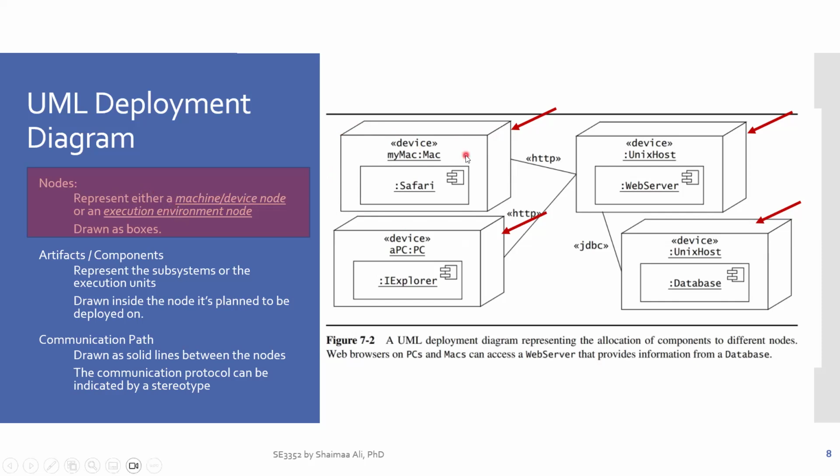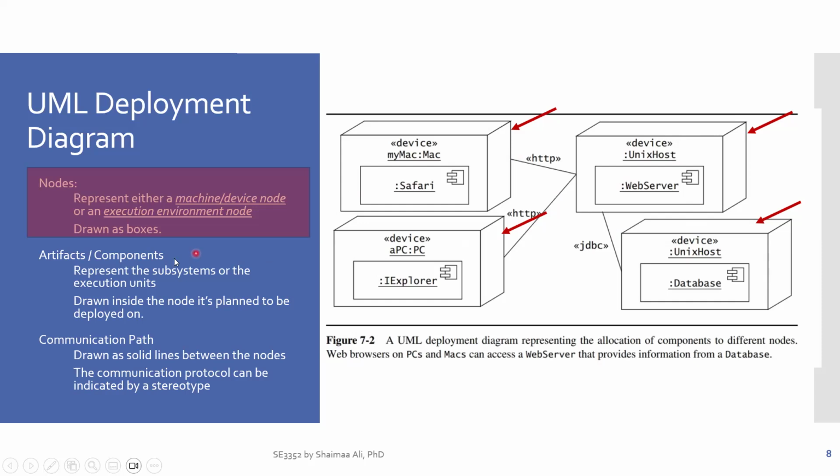So here we have four boxes indicating four machines. One of them running Mac, another running PC. This one is running Unix, and this one is also running Unix. So these boxes or these nodes indicate the devices or the machines.